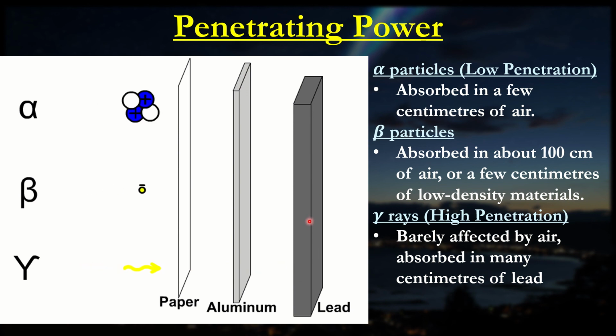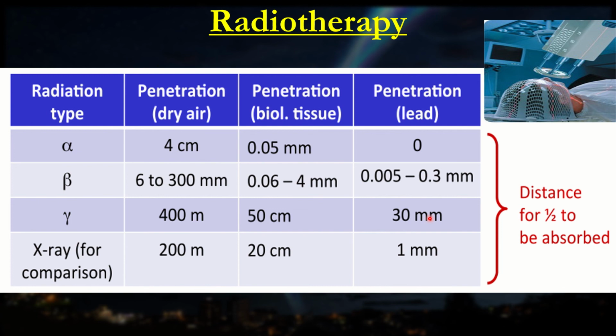Now lead is a really dense metal. So what we can gauge in terms of penetrating power through different materials is that alpha is the lowest penetration. Only a few centimeters in air will block it. Gamma has the highest penetration. It can go through air really easily. It needs a thick layer of lead to block it out.